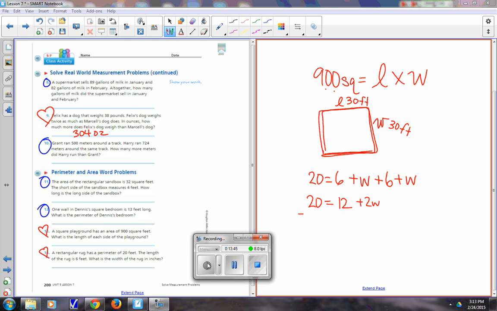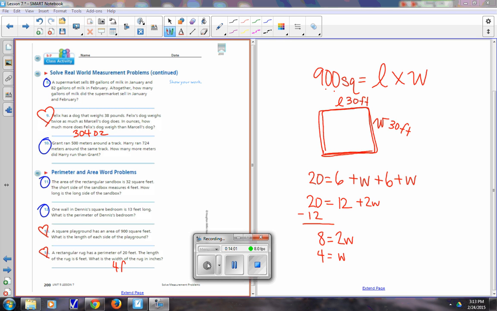So I'm going to take away the 12, which leaves me with 8 feet. And I have to split it between the 2 sides. So 8 divided by 2, the width is 4 feet. So the width is 4 feet.